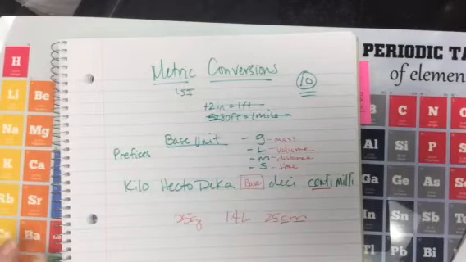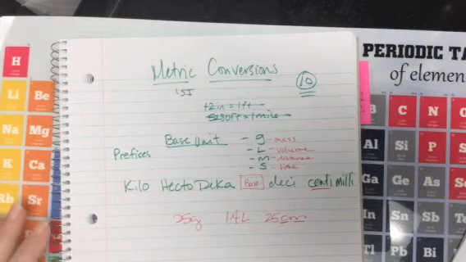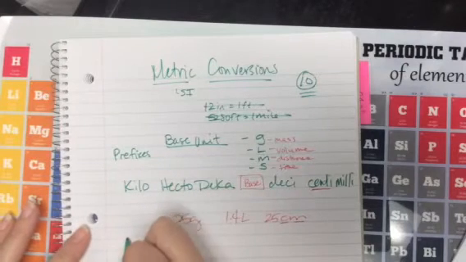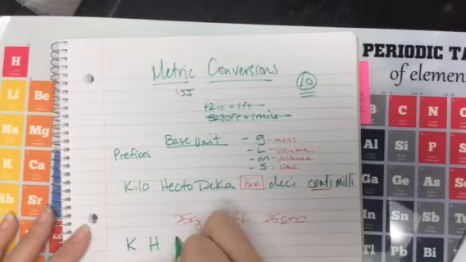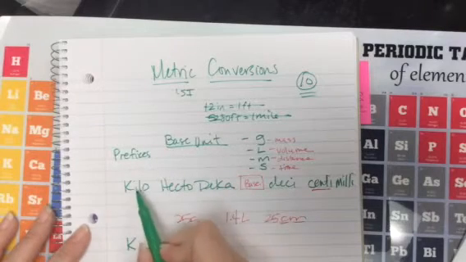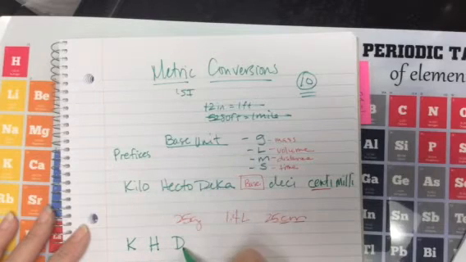Looking at your little chart here, this can kind of be summarized as King Henry died. Kilo is capital K, hecto is H, deca is a capital D. And then we have base.